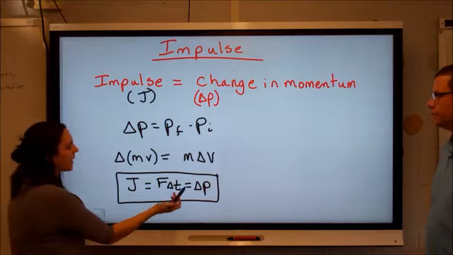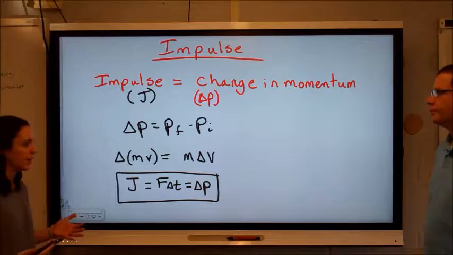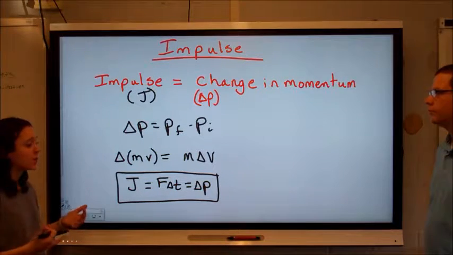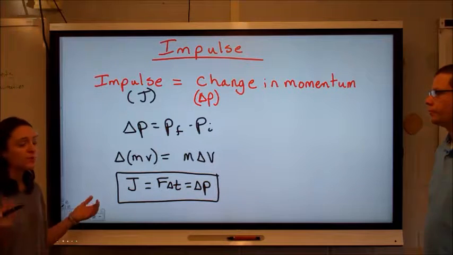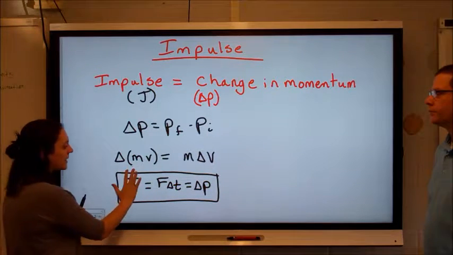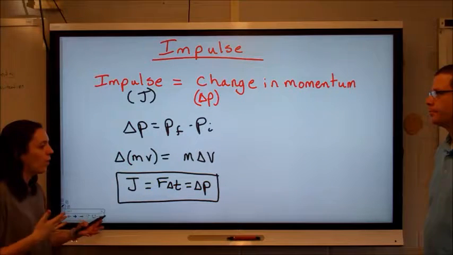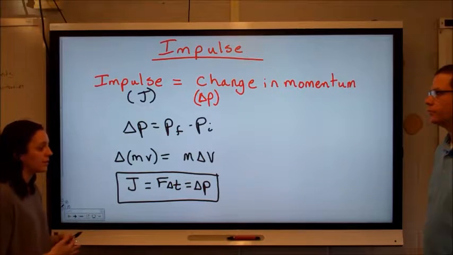You might just say, okay, delta P, which I know delta means final minus initial, and that's where I'm going to go. That's fine. Or they might tell you something about all of those changes and you're trying to figure out how much force you applied. You might not need this J side. That's fine too. So you're really going to look at what you actually have to figure out which parts of the equation you need.